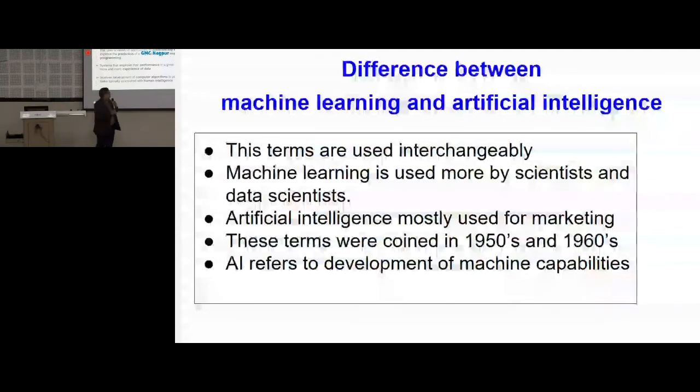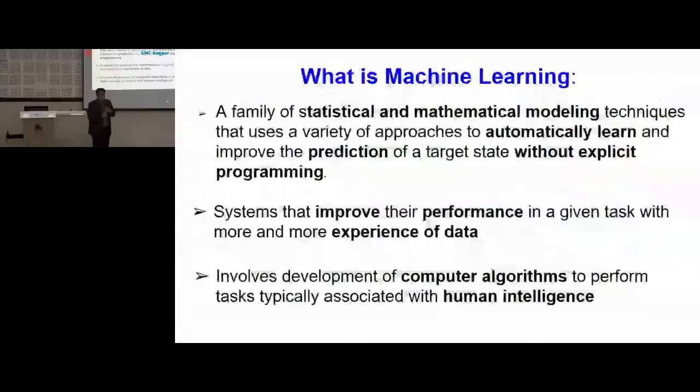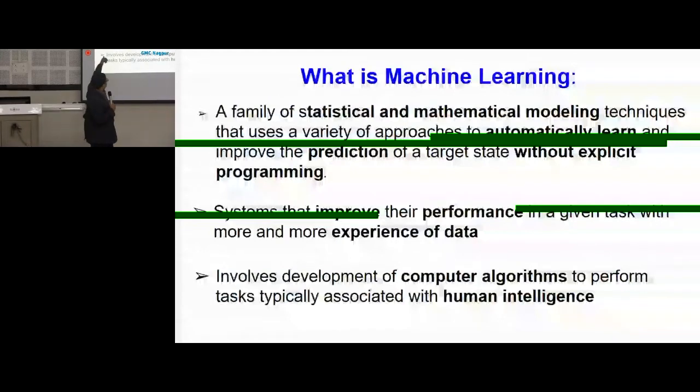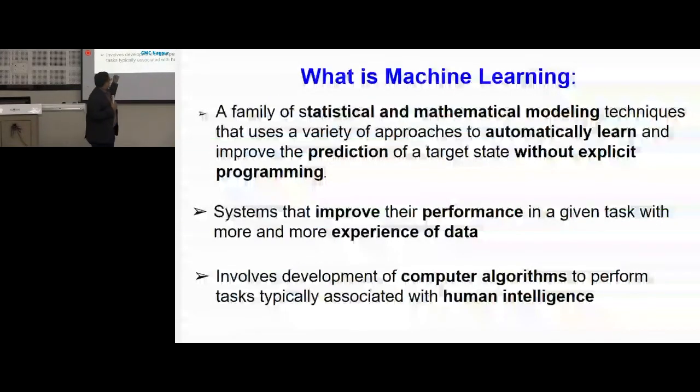Next, what is machine learning? I have three definitions for machine learning. The first one is the most technical one. It is a family of statistical and mathematical modeling techniques that uses a variety of approaches to automatically learn.